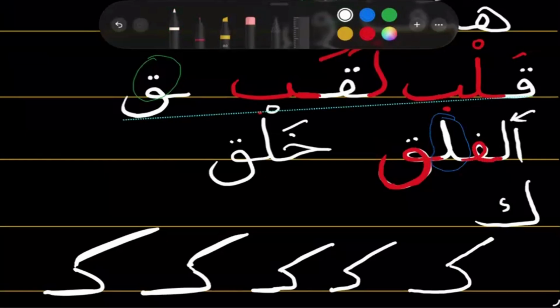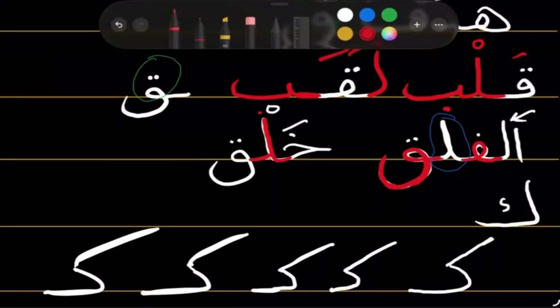Or here, this word Al Khalq. Here's lamb in the middle. Have another one right here. Qalb. It's lamb in the middle. I traced the line back down that time.